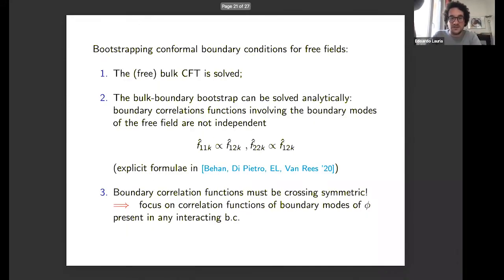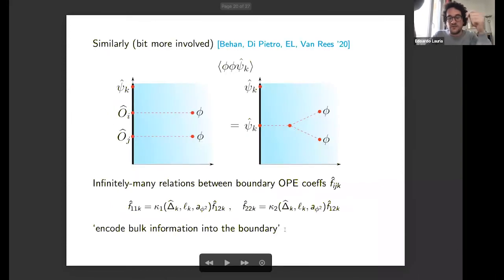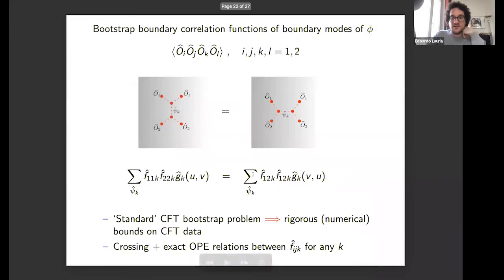So the bulk boundary bootstrap equations that we solved analytically can be input inside this. On top of this standard bootstrap problem, we have infinitely many constraints coming from the bulk boundary bootstrap. And so it's very constraining.